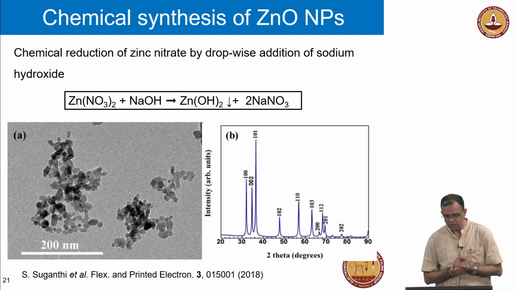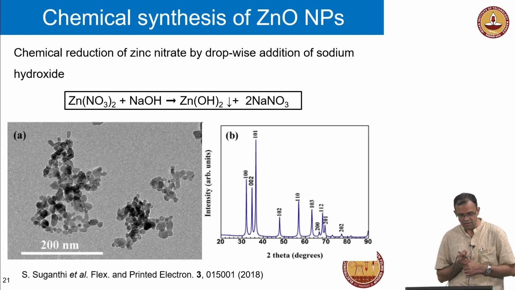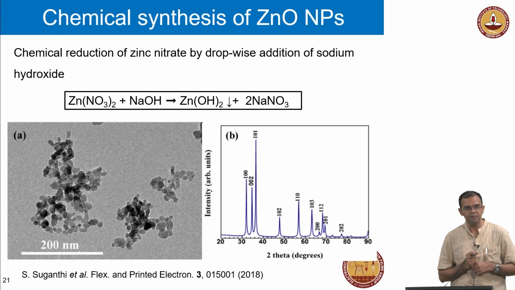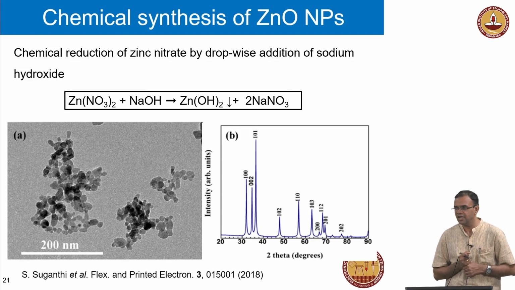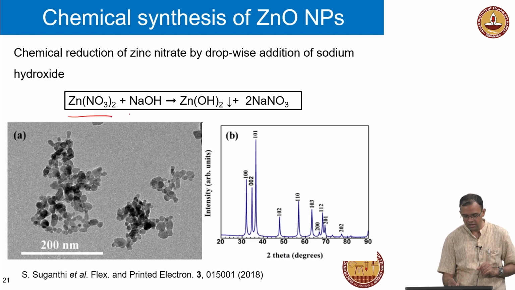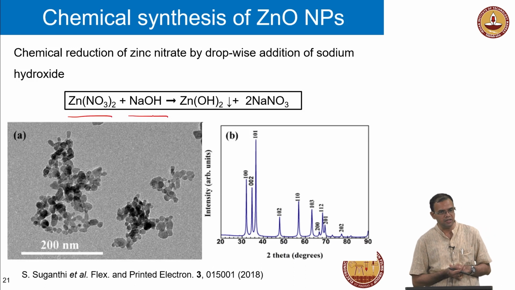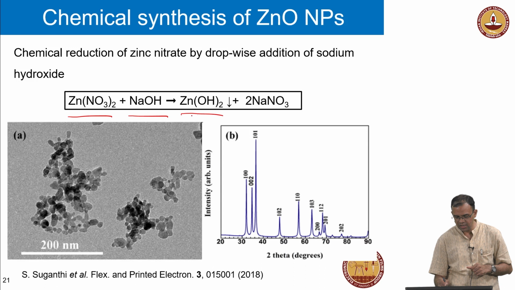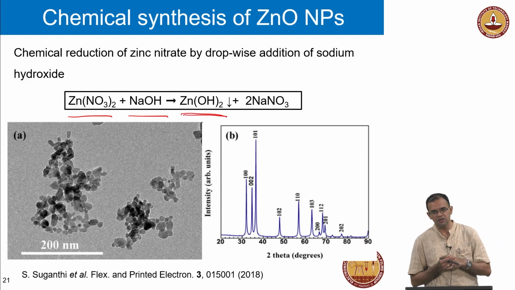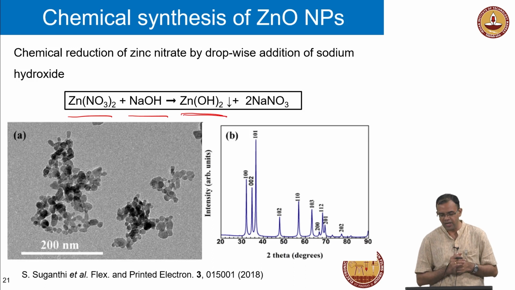Just to end this with an example, I thought I'll pick something from what we did a few years ago. We were making zinc oxide nanoparticles by a chemical reduction technique. You start off with zinc nitrate, react it with sodium hydroxide, with a dropwise addition that precipitates zinc hydroxide, and because you are doing dropwise addition, we can actually get nanoparticles.